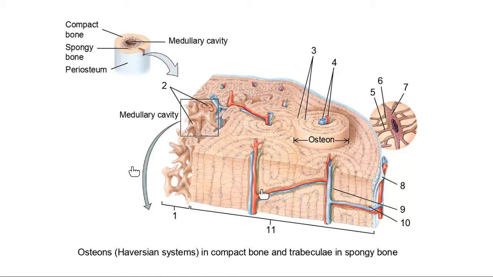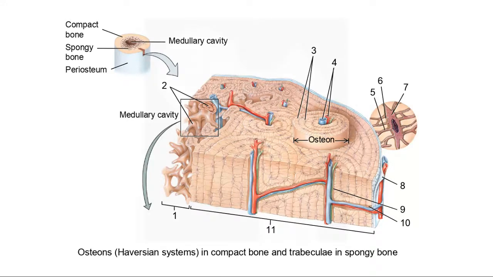Here we have a perforating channel or perforating canal which can connect the central canal of our osteons. Around the bone we have periosteum, and inside the bone we have endosteum. These are the parts which you need to know about the bone.